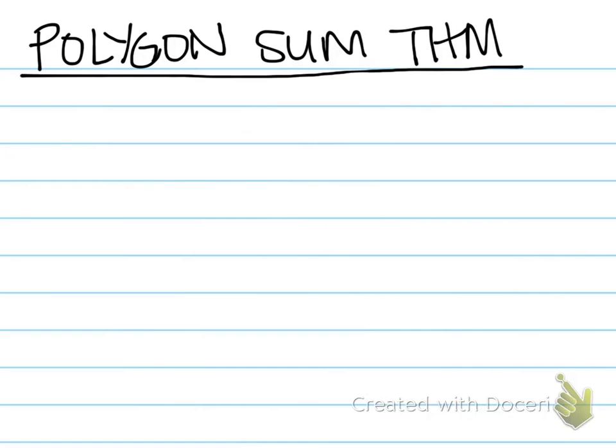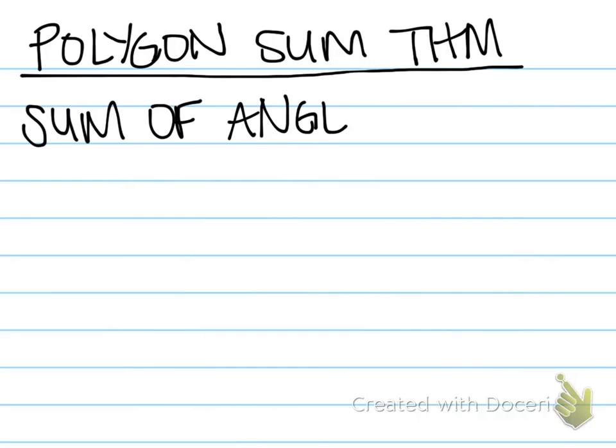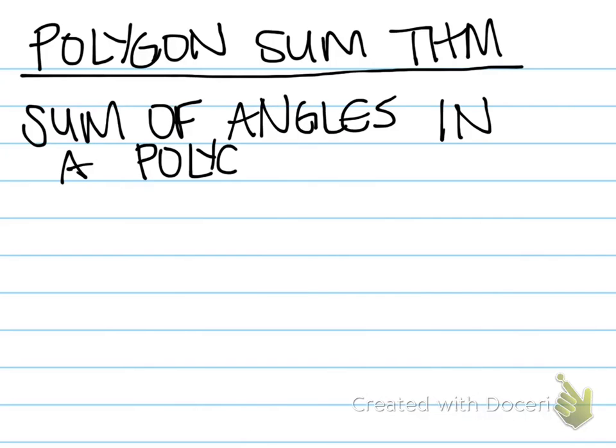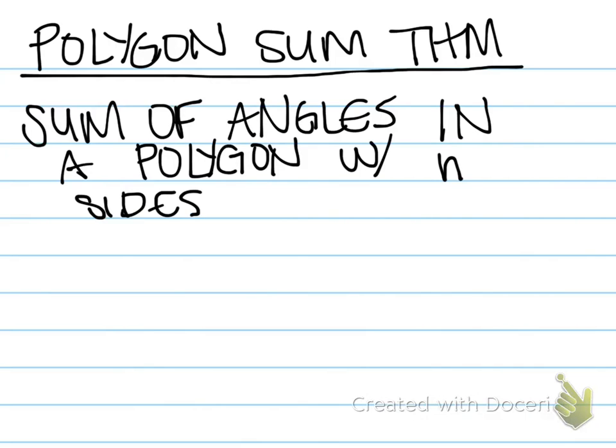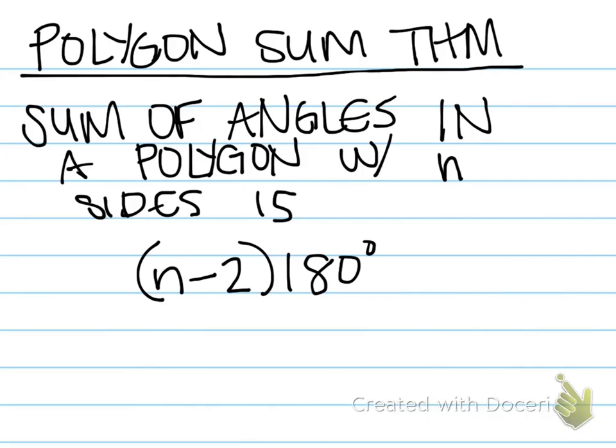And what this says is the sum of angles in a polygon with n sides, so we could plug in anything for n, is given by n minus 2 times 180 degrees.